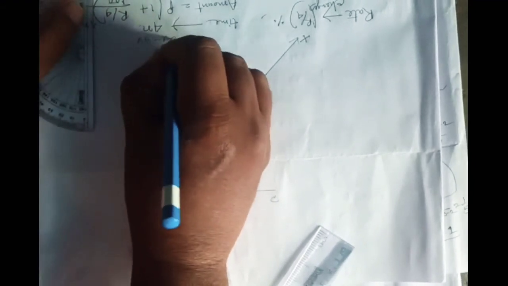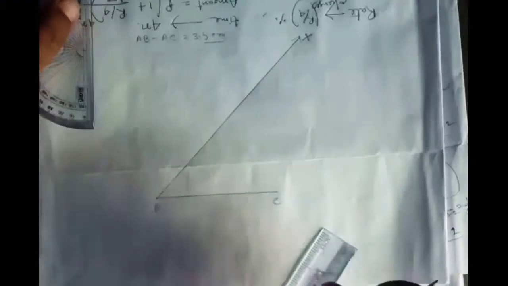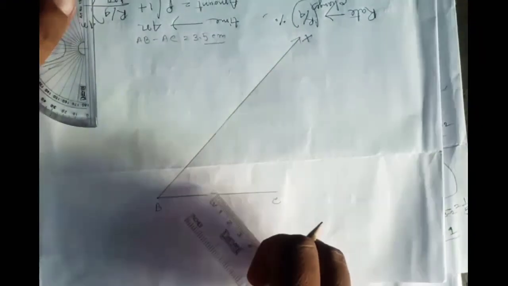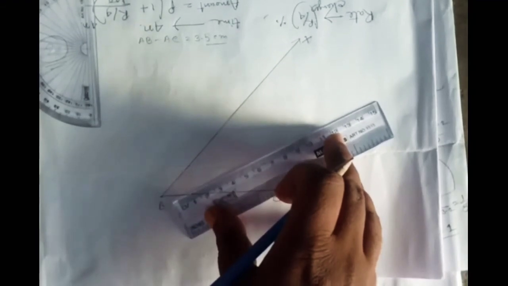AB minus AC equals 3.5 centimeter, that is given. So we have to cut a line segment BD of 3.5 centimeter, as given in question number 2.